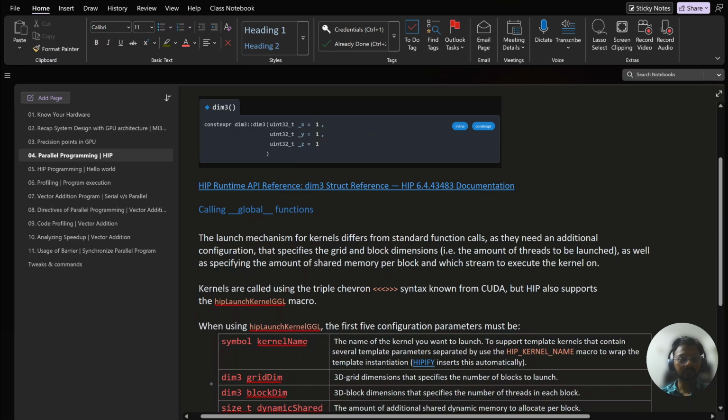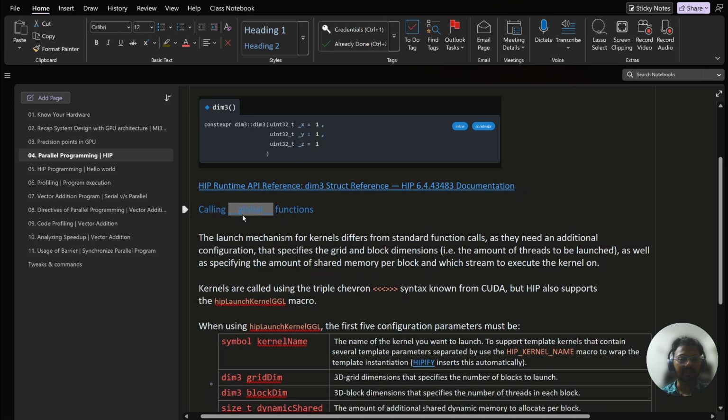Now, whenever we are writing a kernel function, we are using a directive which is called global, if you recall, and the other possible option for this is device.